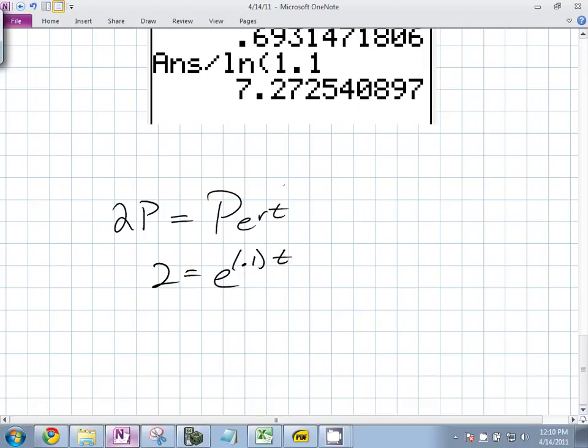Right? Log base what? Let's do log base e. If we translate this to log form, what is it? Log base e of 2 equals 0.1t. So what does t equal? 10 ln 2.